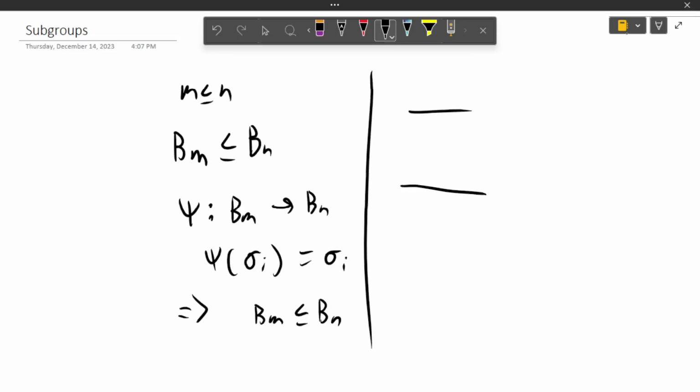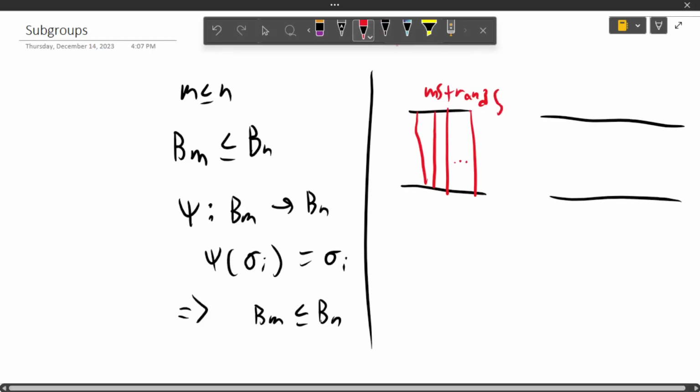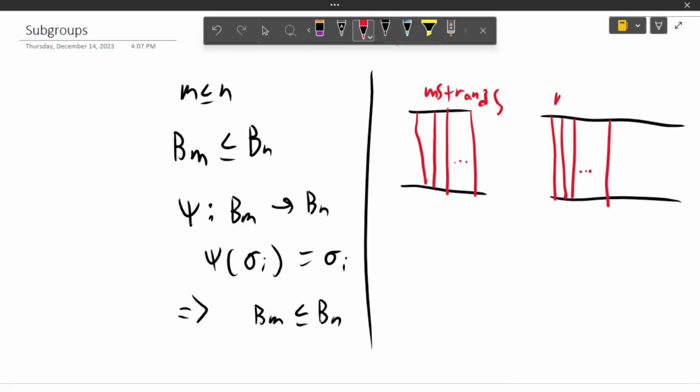Geometrically, this can be shown by imagining you have maybe n strands over here, or rather m strands. But if we instead had the full n strands, we can have all of the m strands over here, and then you have the remaining n minus m strands over here.